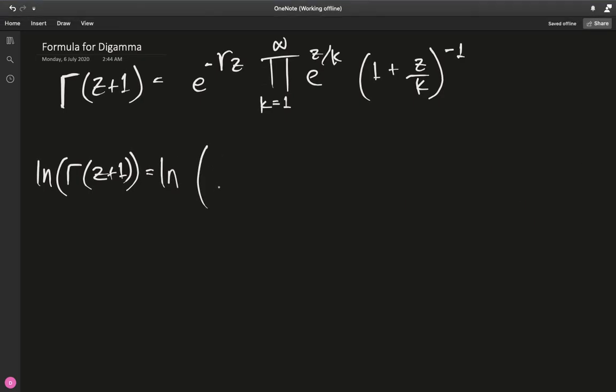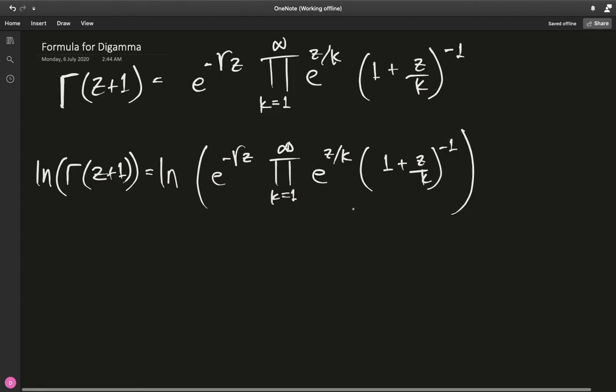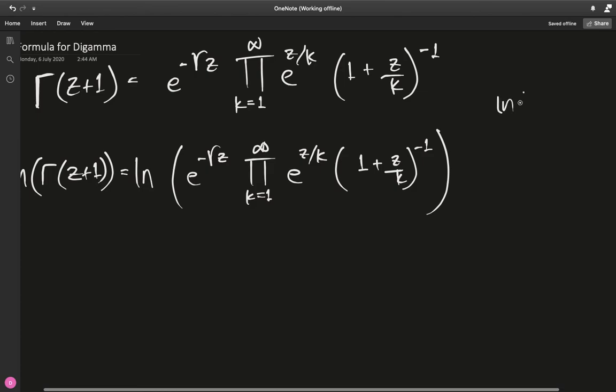So it's natural log of this entire product: e to the minus Euler-Mascheroni times z times product from k equals 1 to infinity of e to the z over k times 1 plus z over k to the negative 1 power. Fine, but we know that the natural log of any product can be decomposed as a sum of separate natural logs.